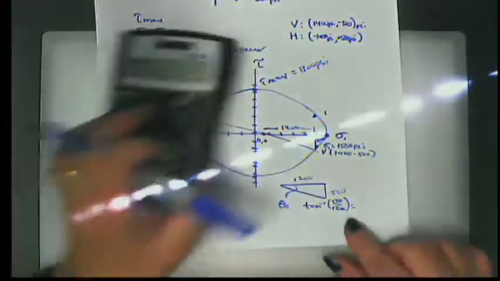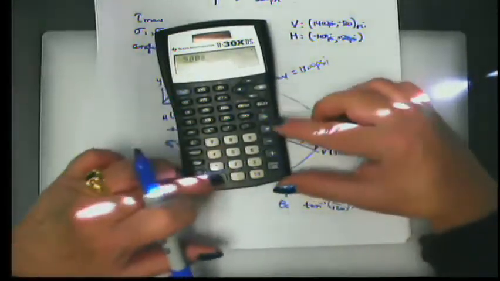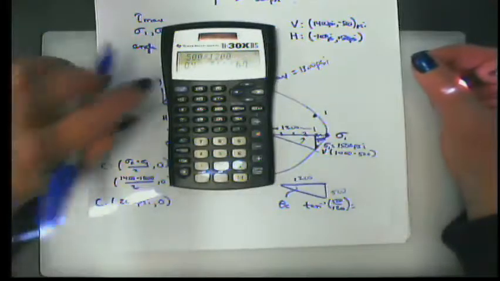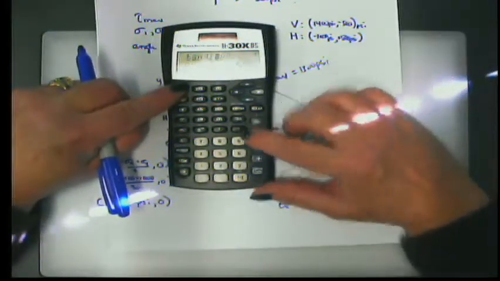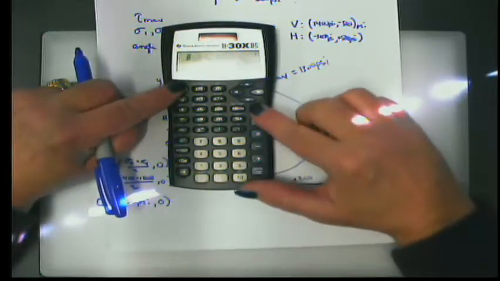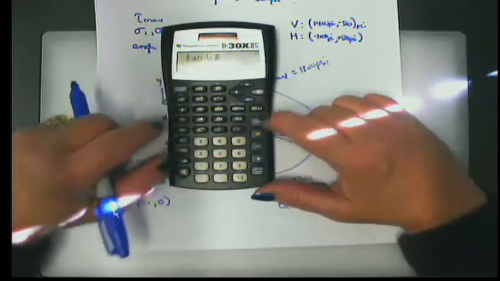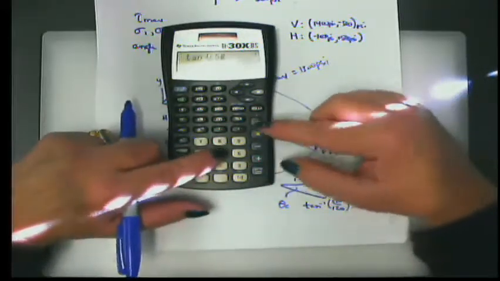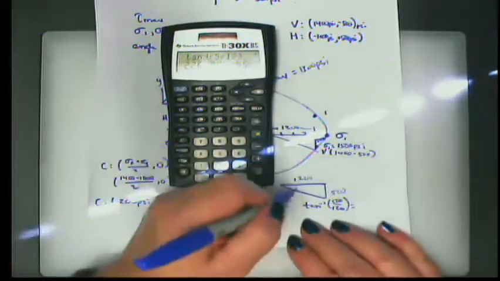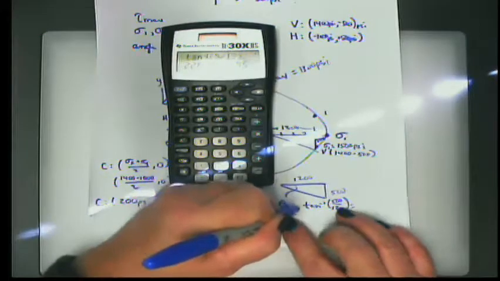And so if I take that number, 500 divided by 1200, I need the inverse tangent of that number. Second, tangent of 5 divided by 12, parentheses, equals. Okay, so this angle on the circle is 22.6 degrees.